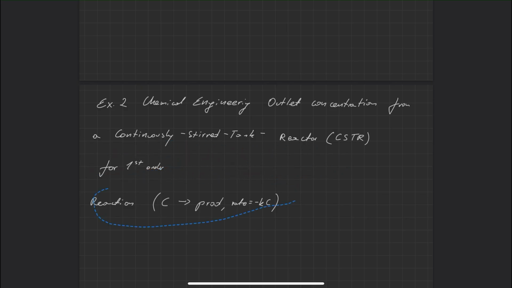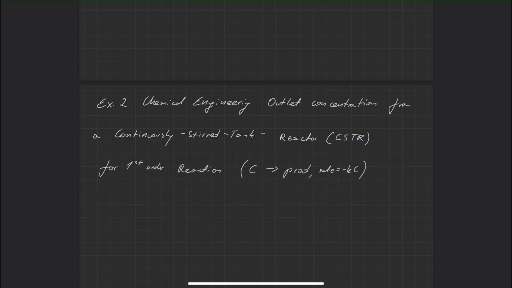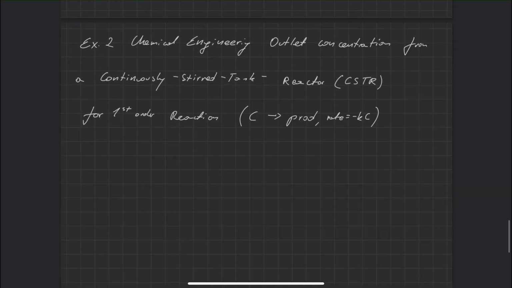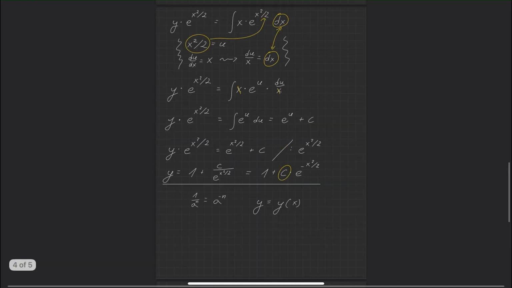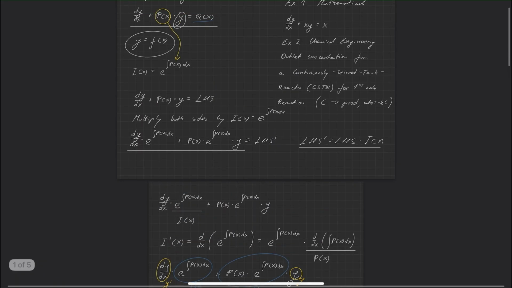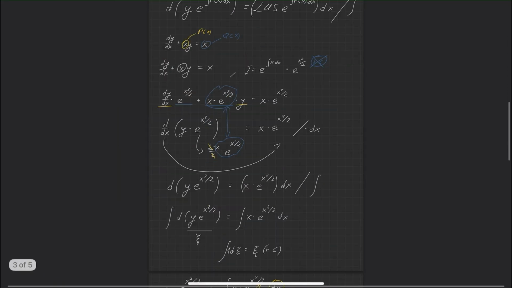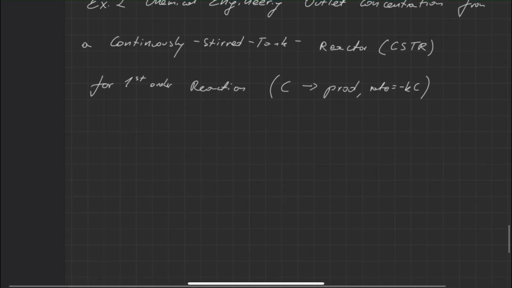So we have the following task. I know that my writing is not perfect, but we have a chemical engineering question of the outlet concentration from a continuously stirred tank reactor, CSTR, for a first order reaction. It is not written here, so let me quickly rewrite the expression.